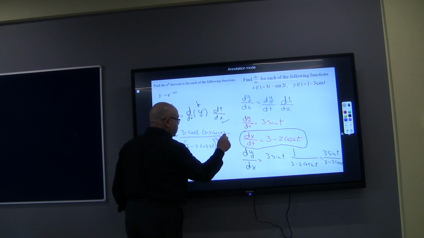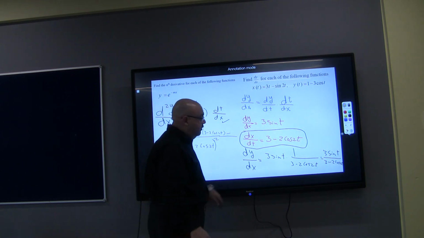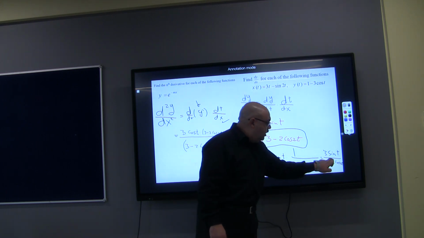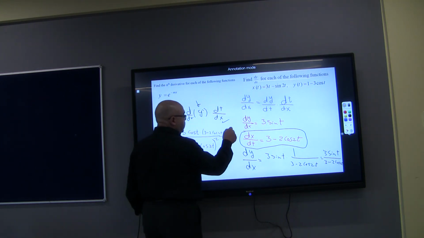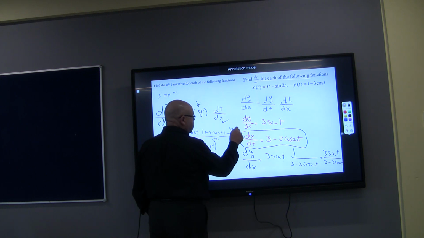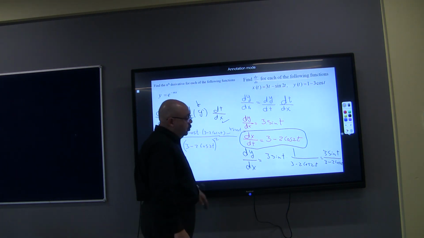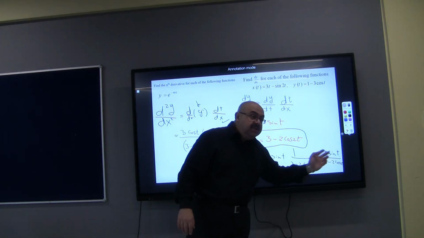Then minus, differentiate the denominator, which is going to be 4 sine 2t. Don't forget, it's going to be multiplied with the numerator, which is 3 sine t.